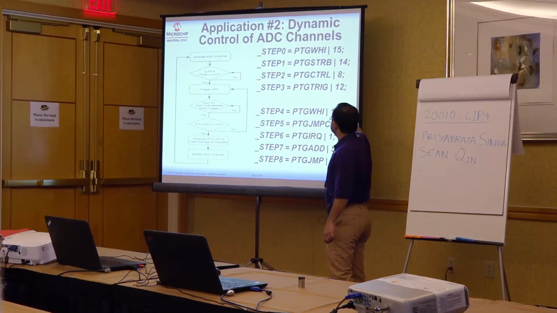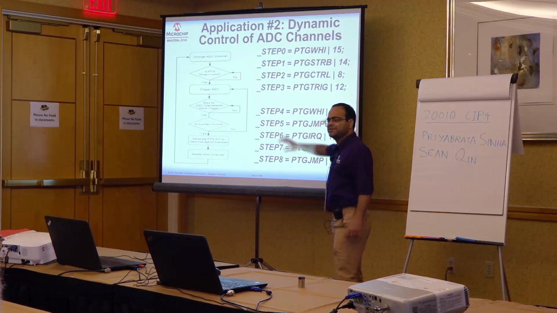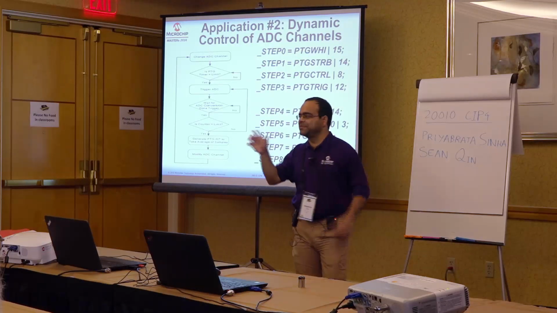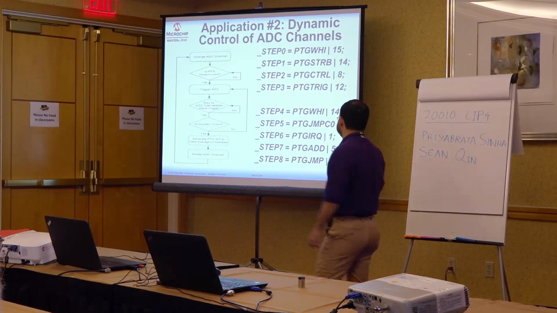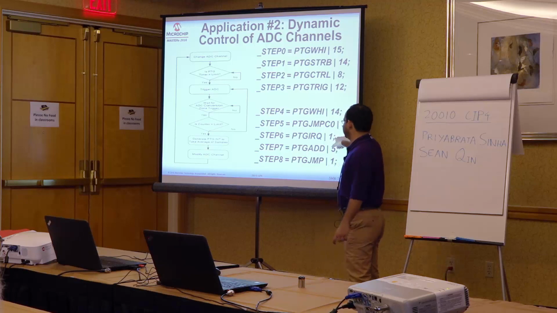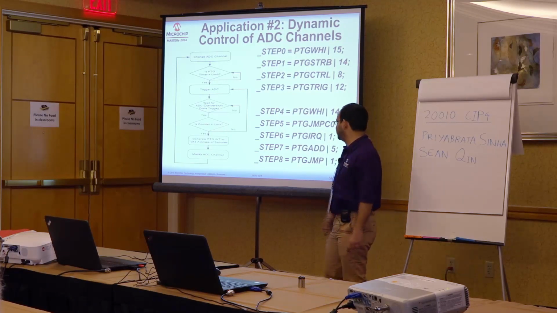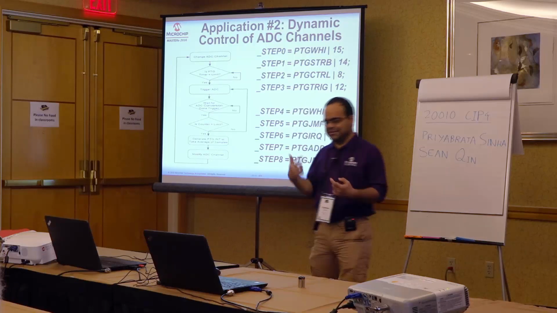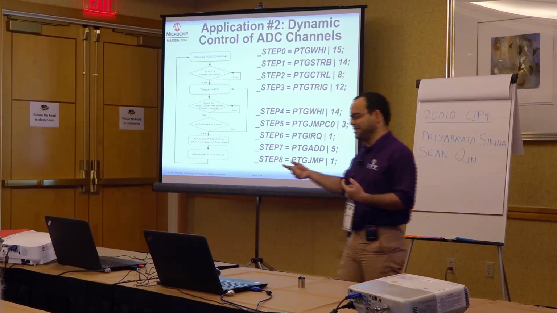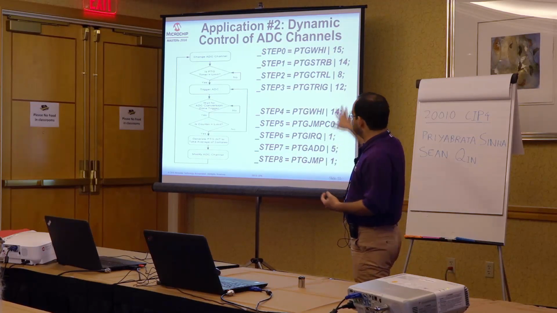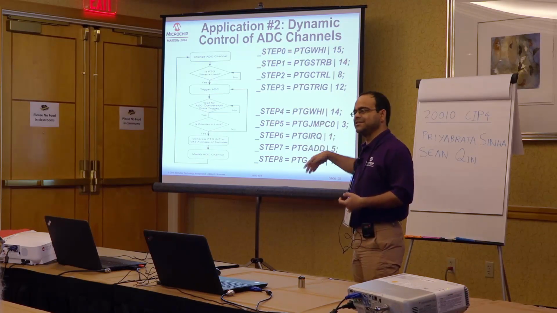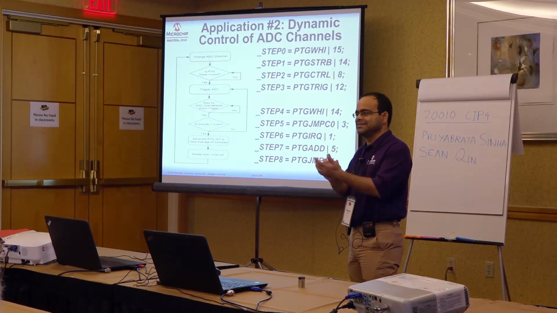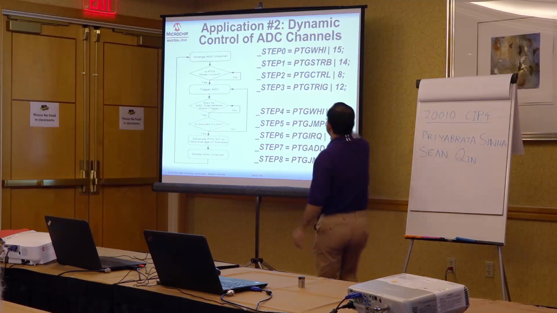So this 3-step block, it performs as many times as the number of samples it is taking. Okay. And after that it sends an interrupt request to the CPU to compute the average, and then you see a PTG add command here. So here it's continuously updating not the ADC channel select register directly, but the holding register that will be later transferred to the ADC channel select register.